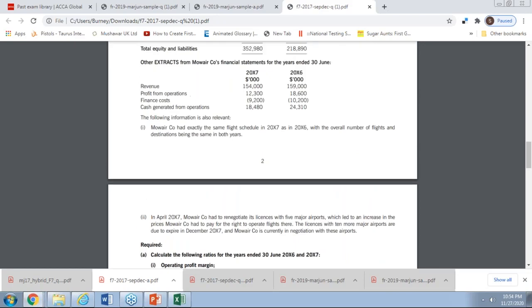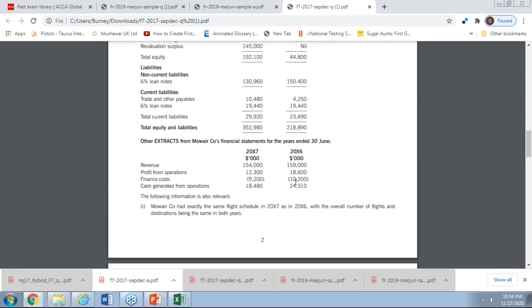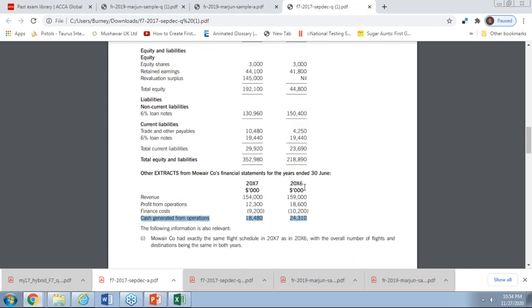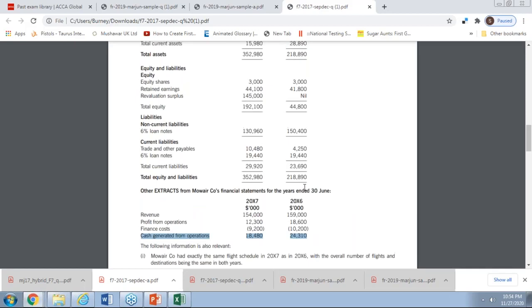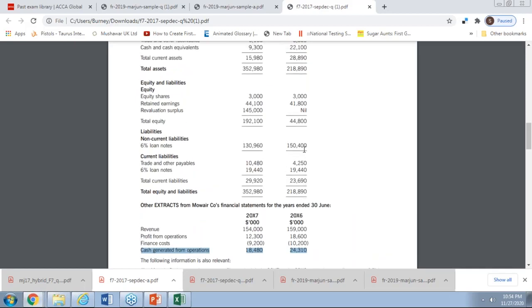One more thing which is relevant here is that you can see the cash generated from operations is decreasing over the period. One more thing that you should know is that the company is paying a loan installment equivalent to 19,440.